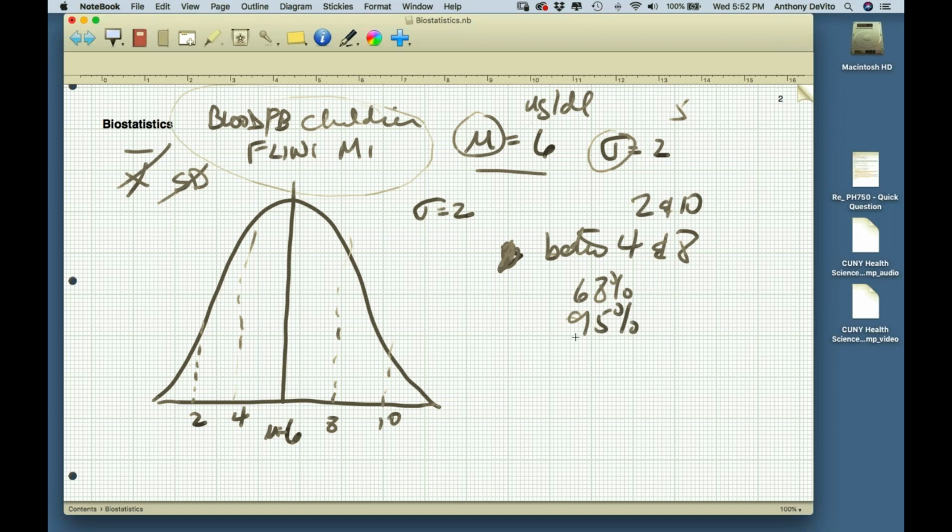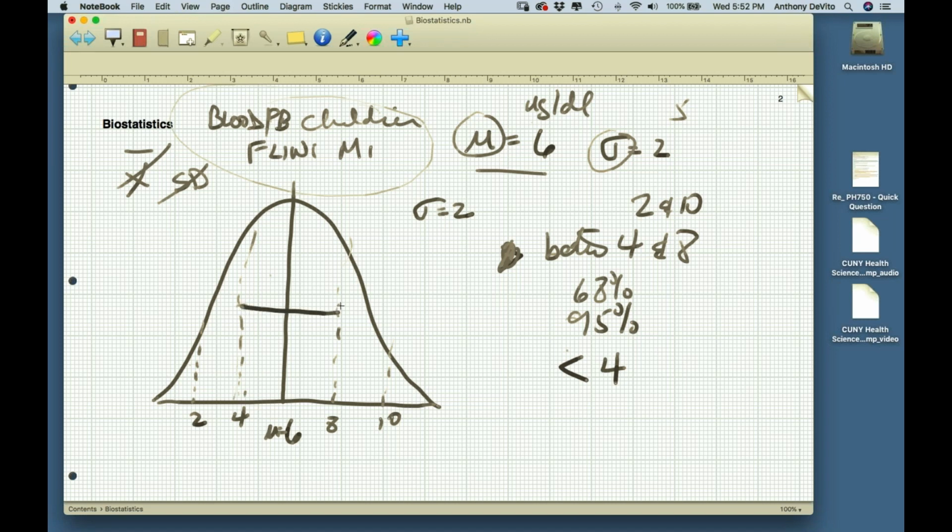Okay, so what percentage would have a blood lead level that's less than 4? Okay, so here's 4, right? So if I figure this out, yeah, very good. 16. How do we get that?